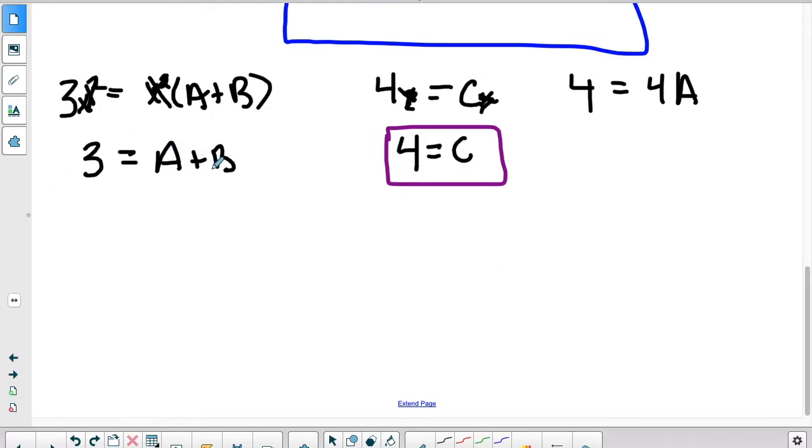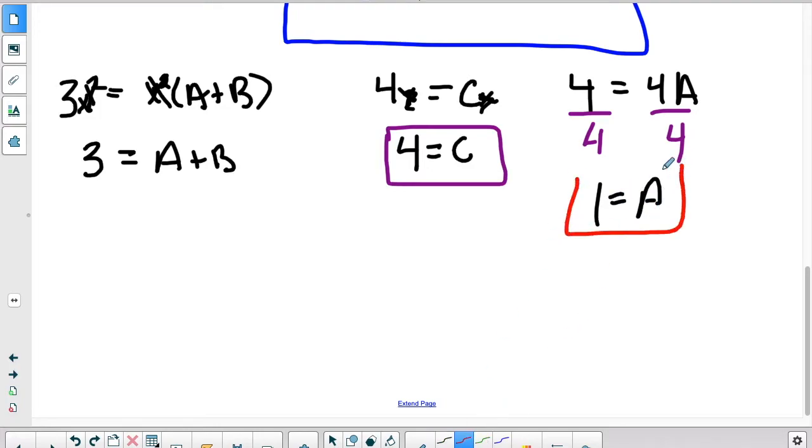This one here, we can't solve for 2 variables at the same time. We have to solve for 1 at a time. So let's go over here: 4 is equal to 4a. I can solve this for a by dividing both sides by 4, and we get 1 is equal to a. Awesome. We now have 2 letters, a and c, solved for.